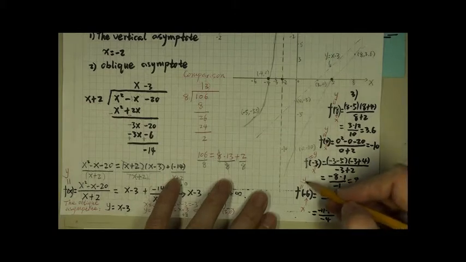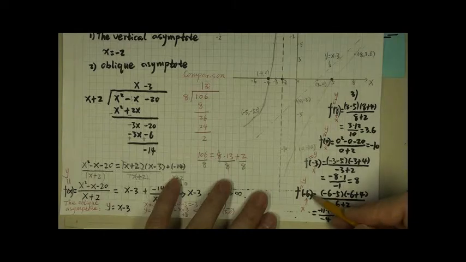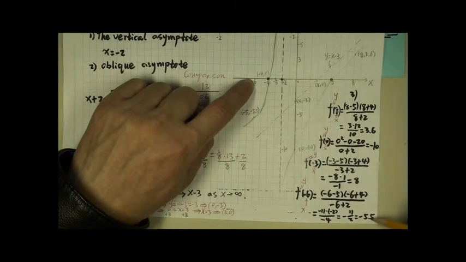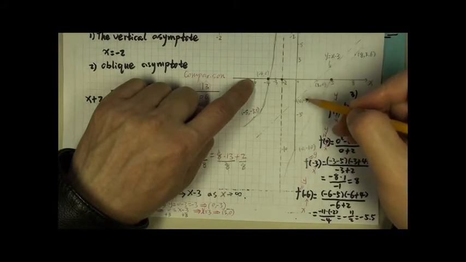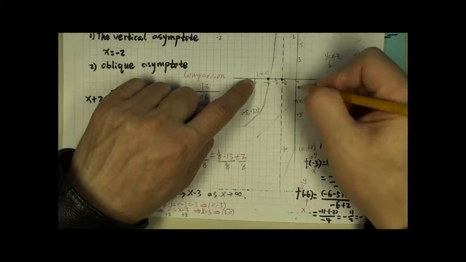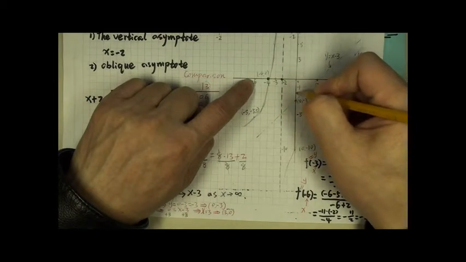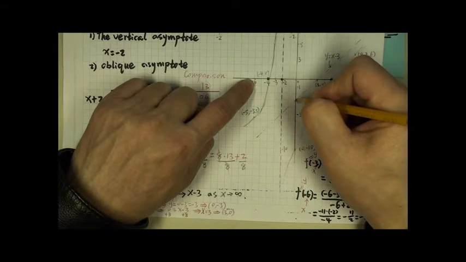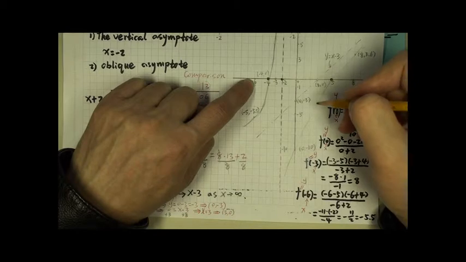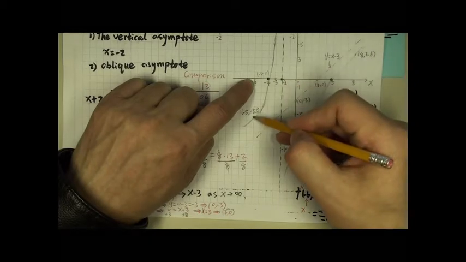So this is your y, when x is -6. So -6 for x, and y is -5.5. Okay, here is -5. Okay, yeah, 1, 2, 3, 4, 5. -5. And -5.5 will be done here.